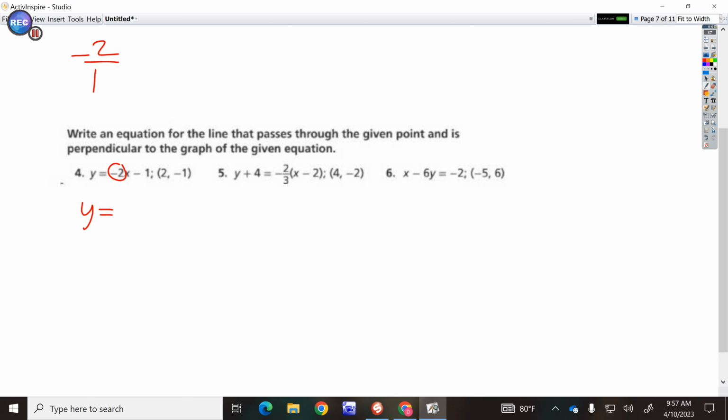Very good. Flip it and change the sign. So 2 over 1 flipped is 1 over 2. Negative turns to positive. You with me? So flip it, change the sign. Very good, Amaya. Now put plus b at the end and do what we did before. Plug in the 2 for x, negative 1 for y.